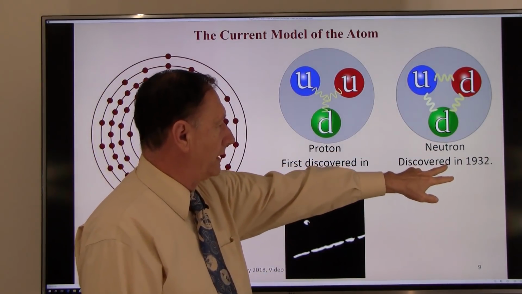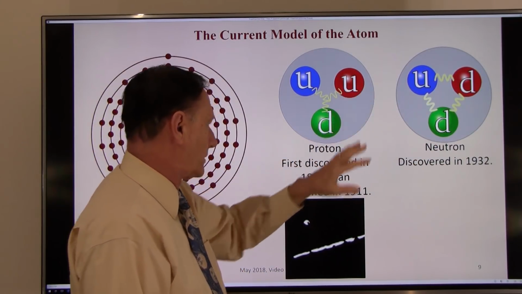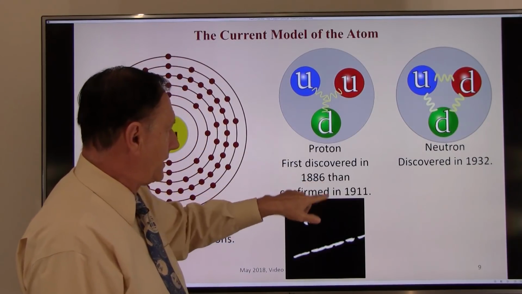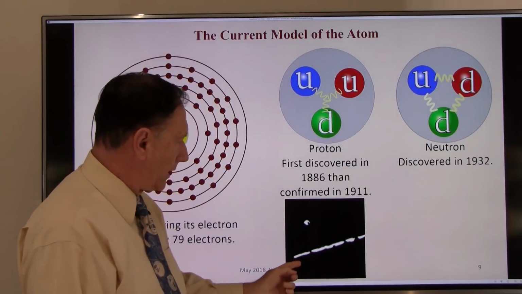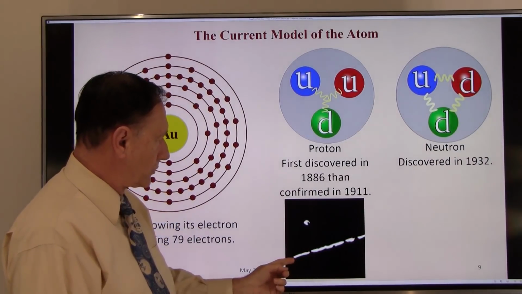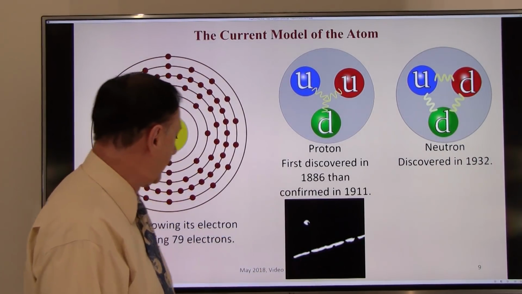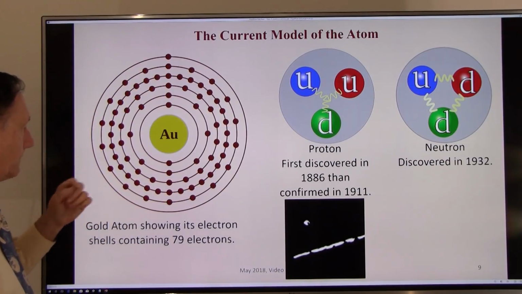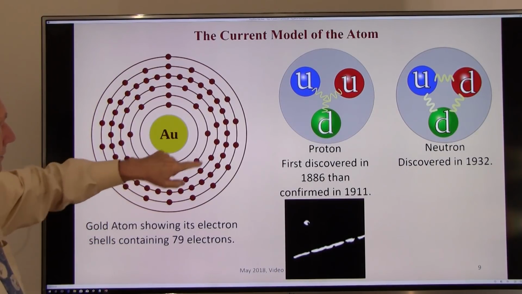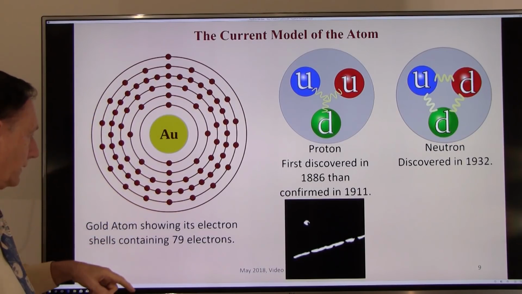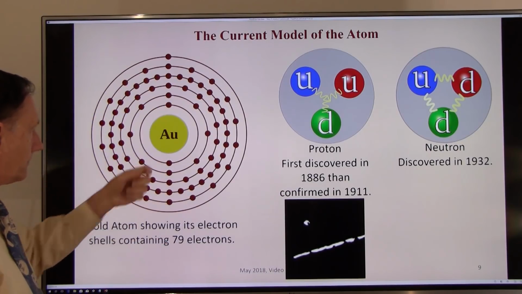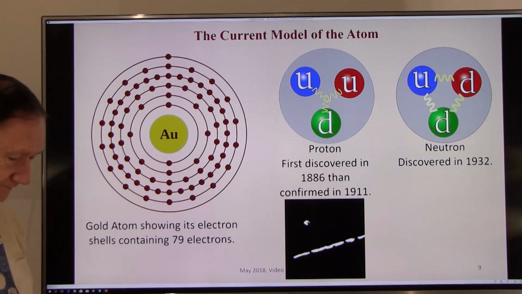The neutron was discovered in 1932, not with quarks, and the proton in 1886. This is supposedly the first cloud chamber evidence of a neutron. It just leaves a path like that. Here's a gold atom, showing the center and the traditional electron shells around it, totaling 79 electrons, matching supposedly the protons in here.